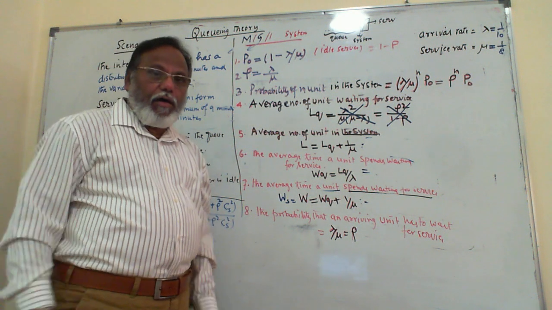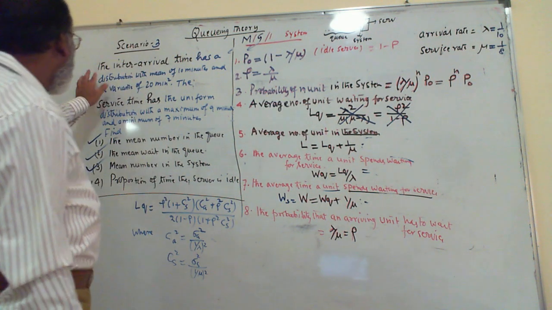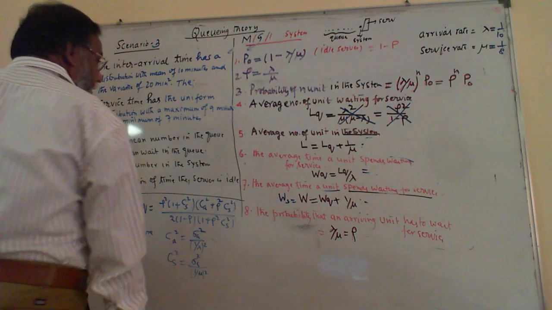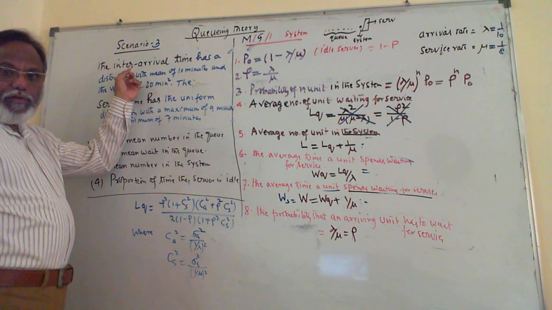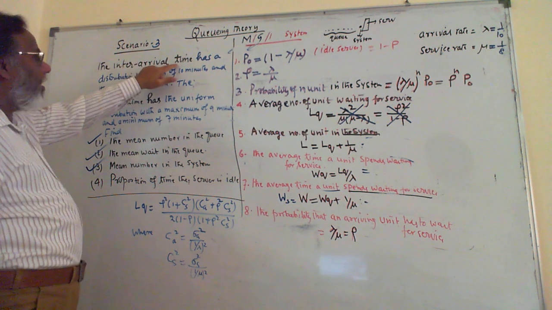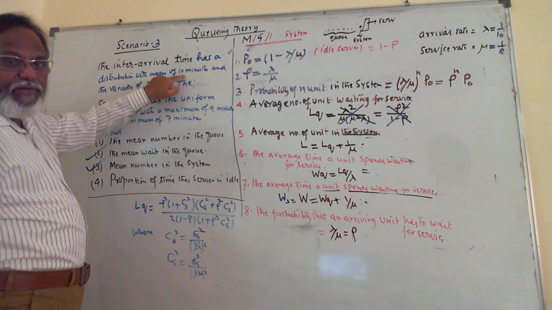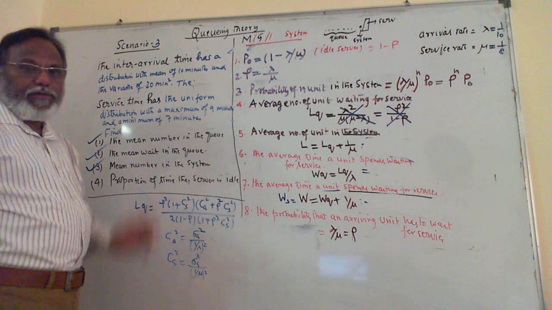Here you will understand it with the help of this question. The question says the inter-arrival time has a distribution with a mean of 10 minutes and a variance of 20 minutes squared.